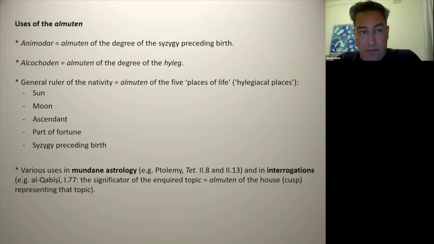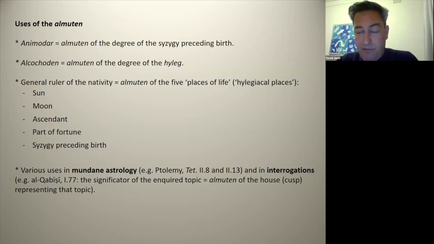The third use of the Almuten in nativities is that it is simply also the general ruler of the chart, of the nativity. In particular, this has to be calculated this way. It is the Almuten of the so-called five places of life, which are sometimes called hylegiacal places. Why?